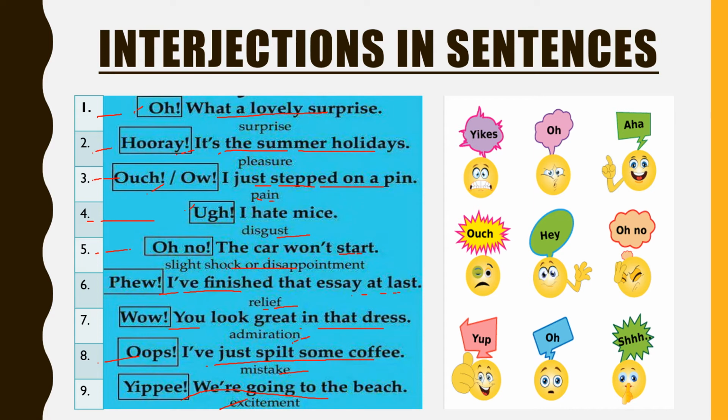These are all called interjections. Clear? You can see here is one chart with smileys, and these smileys will help you to understand all the interjection words: ouch, yep, oh, hey, oh no, shh, aha. All these are interjections.